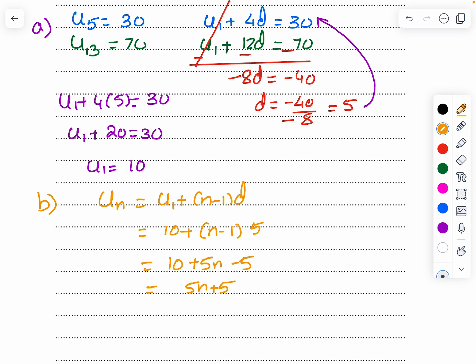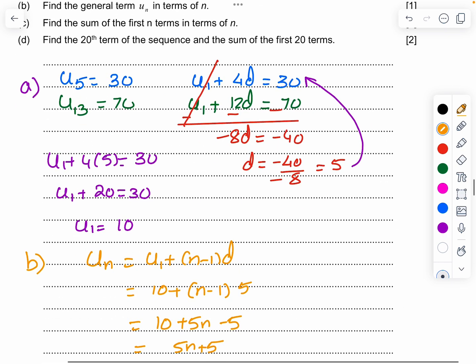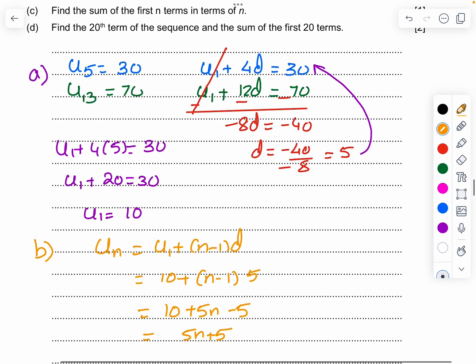So the next one, what is he asking in the next question? Part C, find the sum of the first n terms.